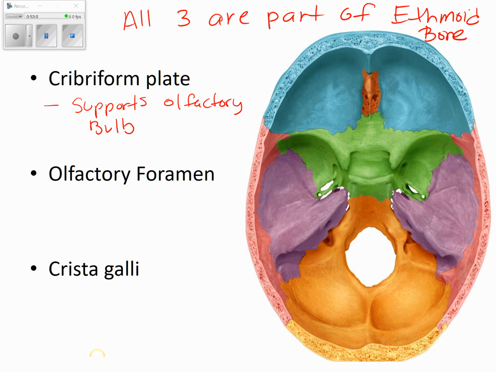And then you have the olfactory foramen, which is the passageway for the olfactory nerves. And then we have the crista galli, which is the attachment of the falx cerebri.